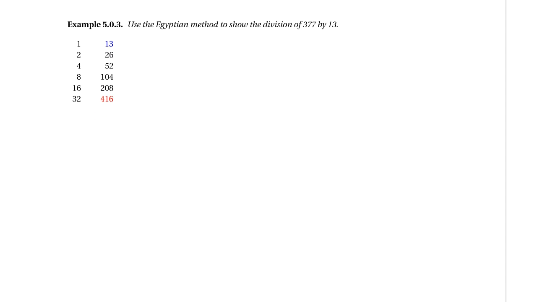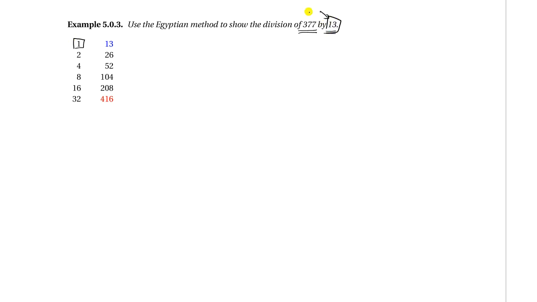That's going to be a very similar situation, but in this case, it's kind of the reverse of the multiplication. Okay? So let's say we are going to divide 377 by 13. Then the method is matching number 1 with the divisor, right?